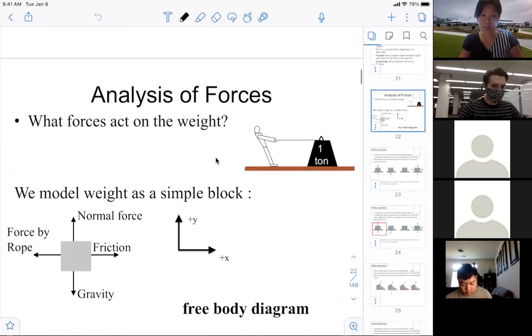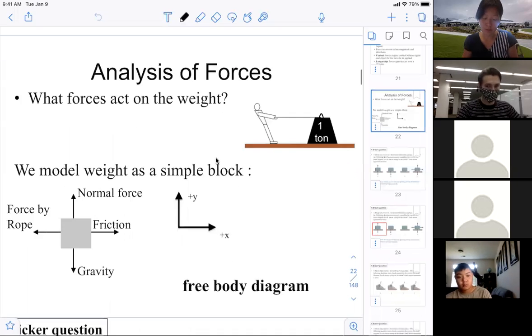Okay, so now let's analyze the forces. Before we do that, I want to give you a few simple steps, just like we did in our motion diagram. For these forces, we call them free body diagrams. The word free means that you free the object from its surroundings.